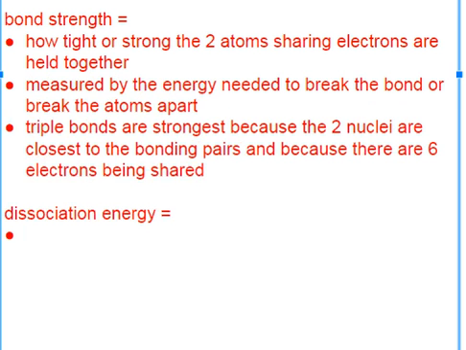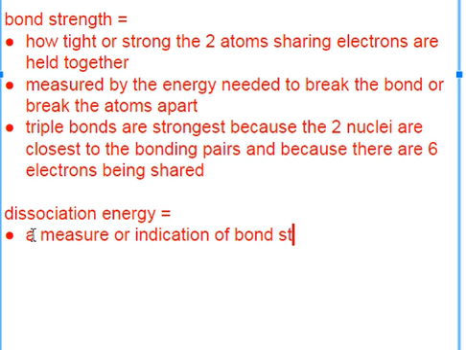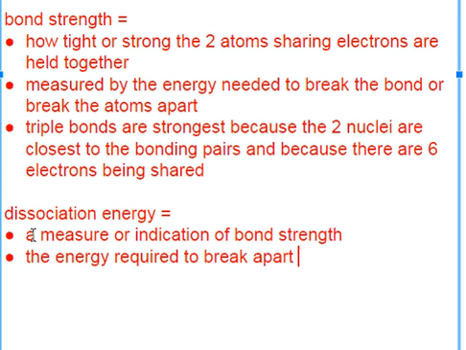So dissociation energy is really just a fancy word for bond strength. It's a measure of bond strength, or an indication of bond strength. It's the energy required to break apart 2 atoms covalently bonded.